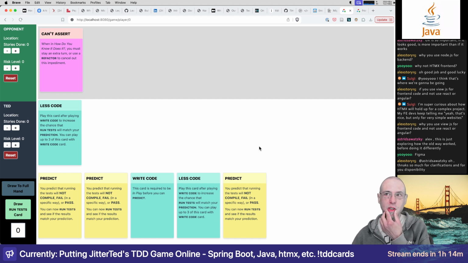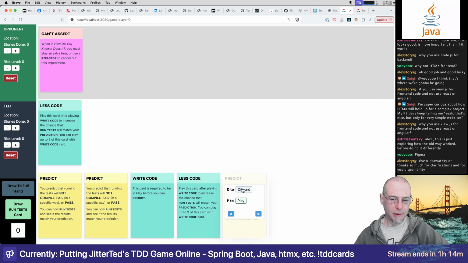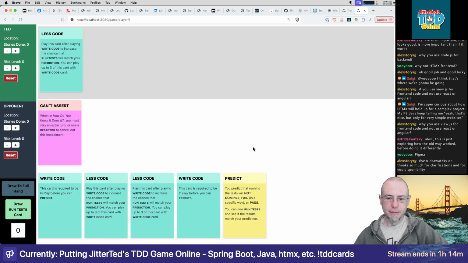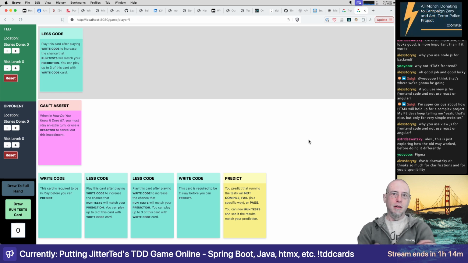Yeah, so this was all about what did this do? I am kind of bummed that the discard is not working. And apparently the play isn't working either.